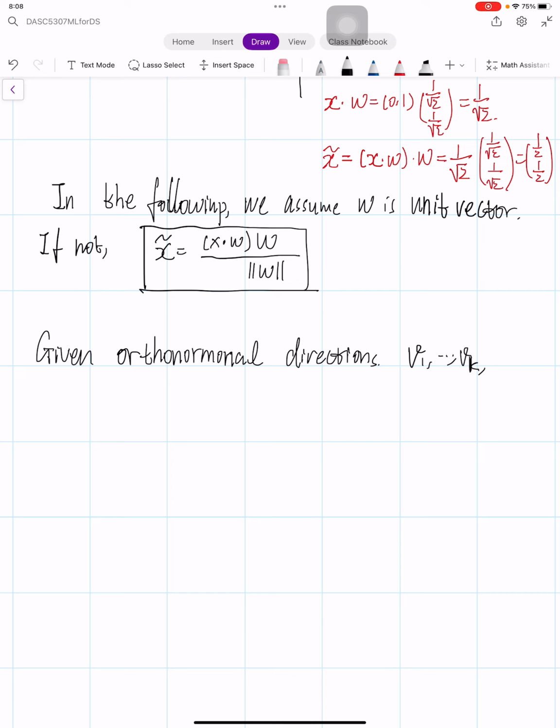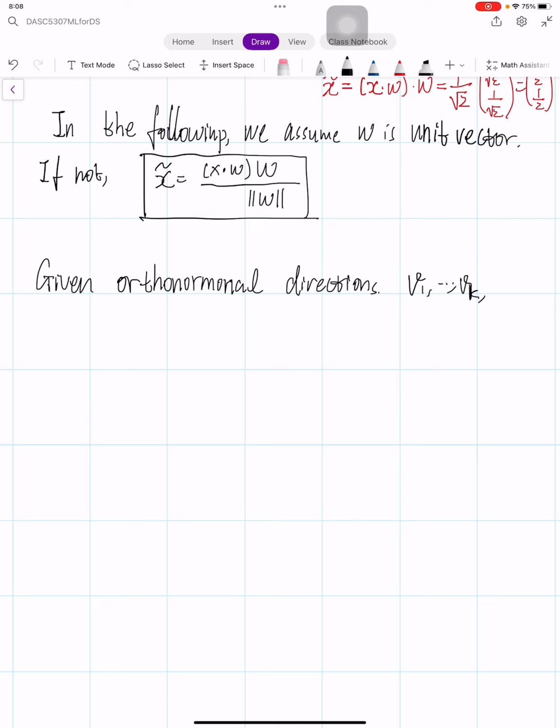Okay, so what does that mean? Suppose we have 3D space. Suppose this is the x1, x2 plane, this is the x1 axis, this is x2, this is the x3 axis.